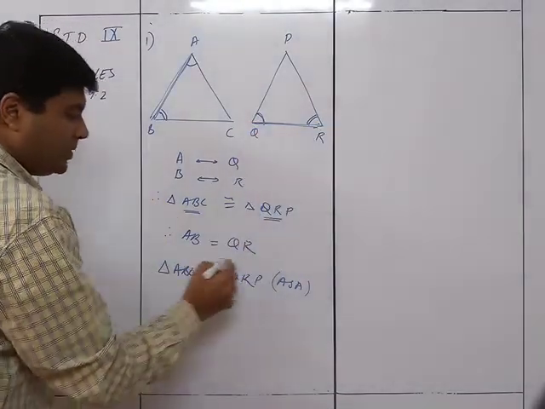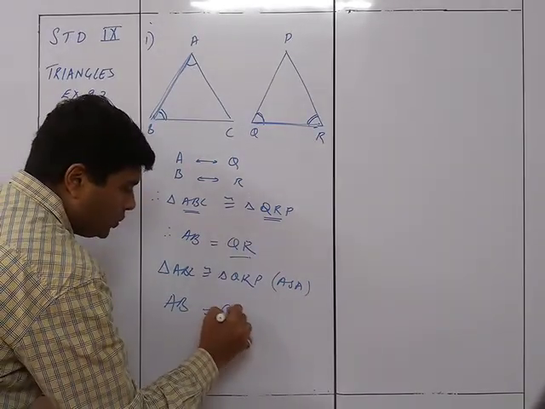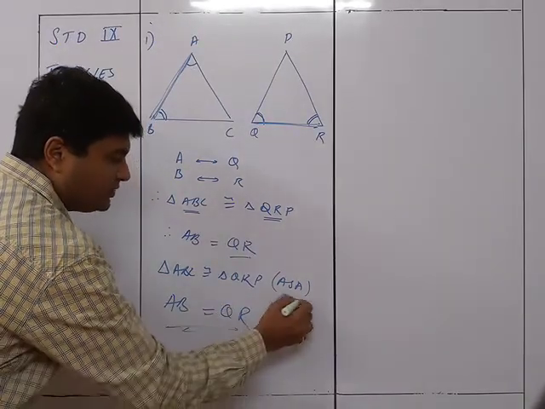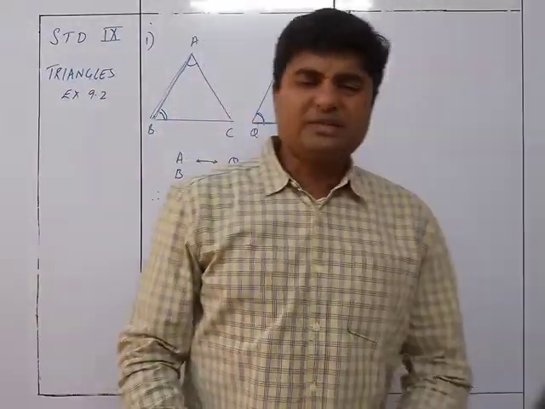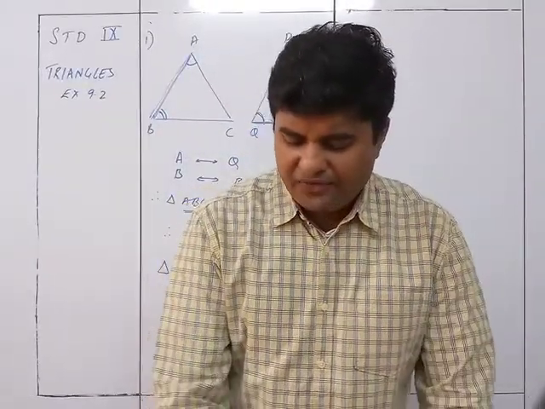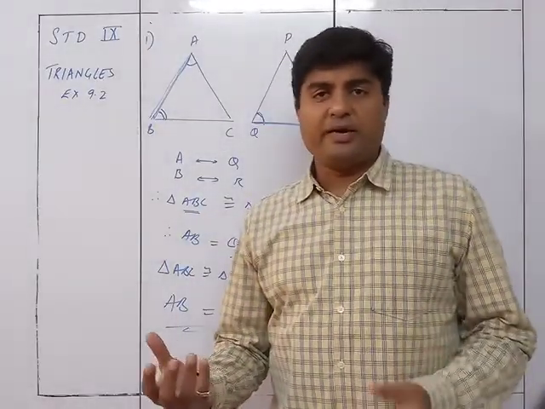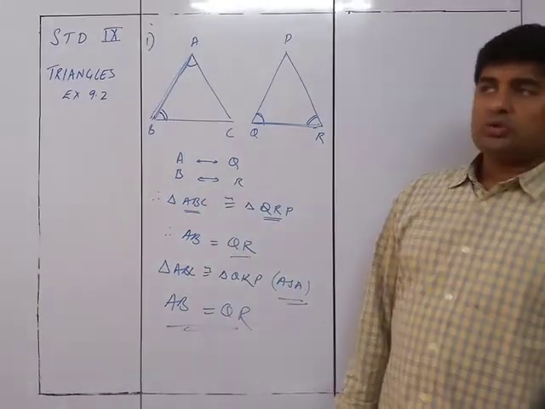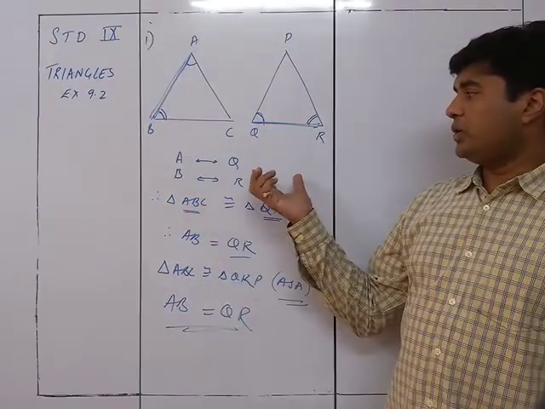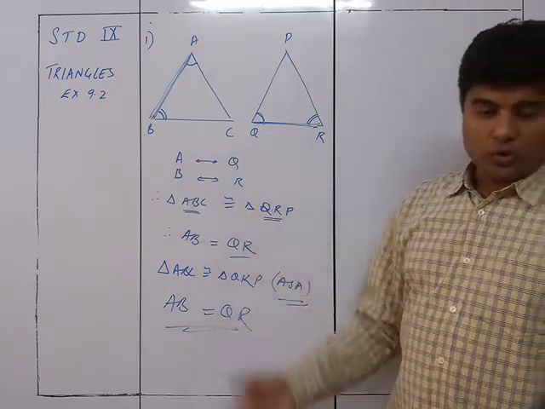The included side will be QR. So AB will be equal to QR because of the ASA test. This question was just to understand the importance of correspondence between the two vertices. You need to know that A is corresponding to Q, B is corresponding to R, so automatically AB will be corresponding to QR.